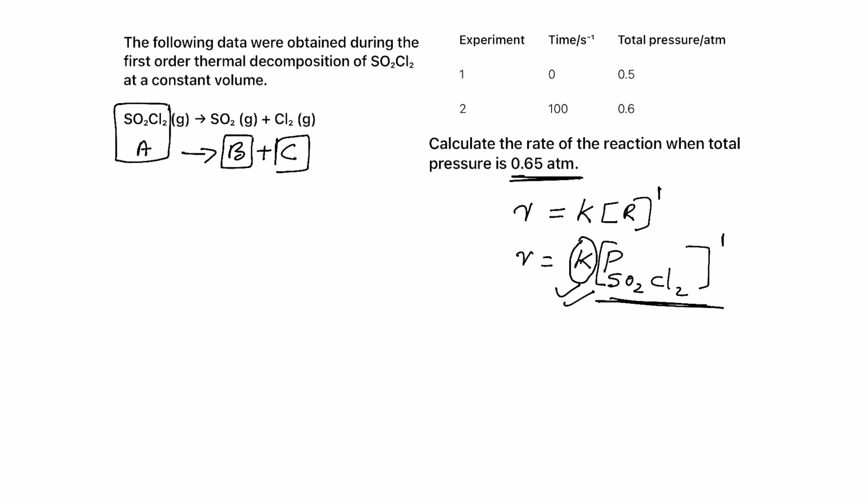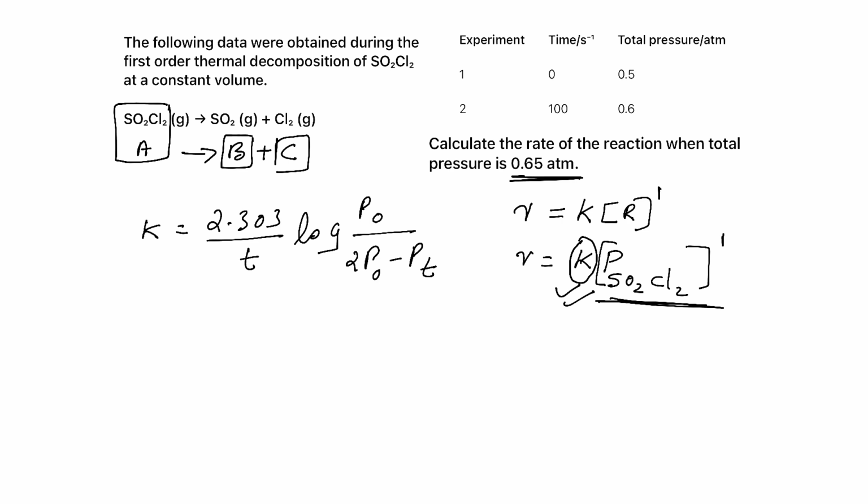Then the equation of the rate constant is 2.303 by t log P0 by 2P0 minus Pt. See, first we are going to find the rate constant. So this is the equation. Hope you understand the hint.